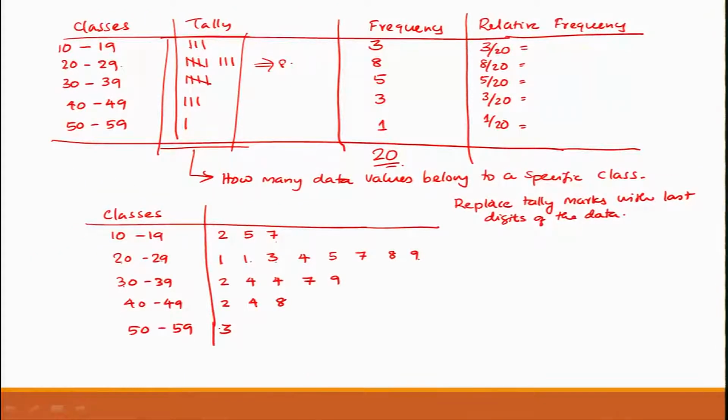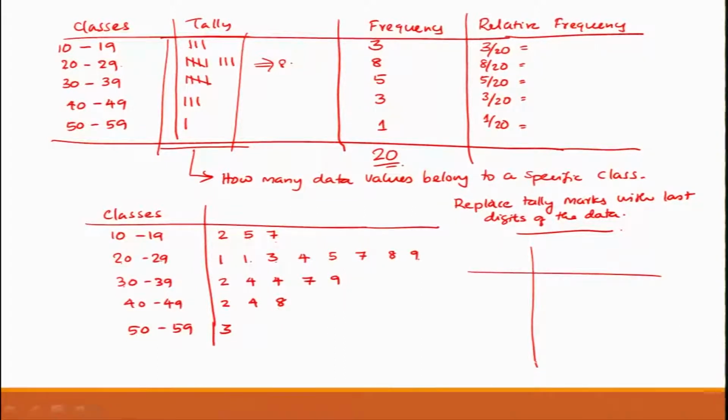So, this type of display where the tally marks are replaced with the last digits of the data. Now we can say, for 10 to 19, the last digits are 2, 5 and 7. The value that is important to us is the tens position, which is the 1. So you can easily replace the 10 to 19 and change the diagram.